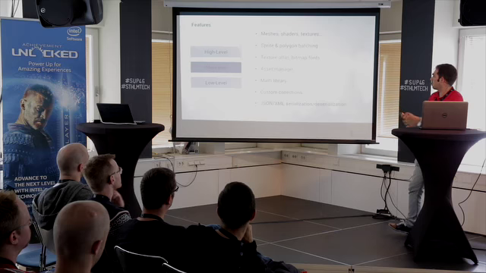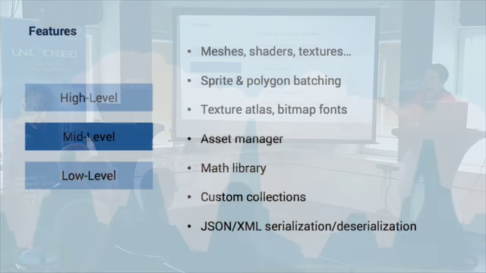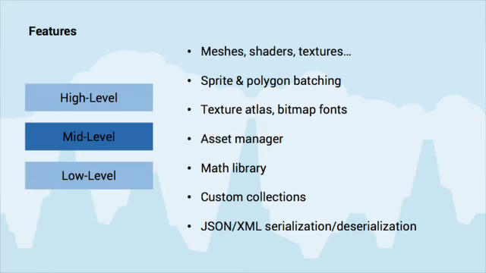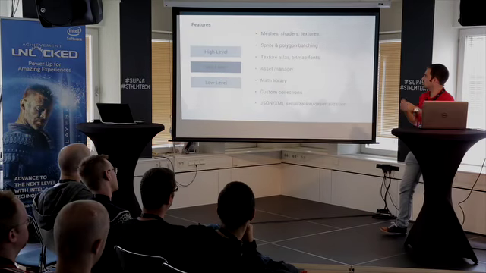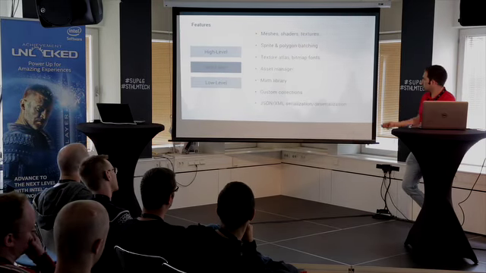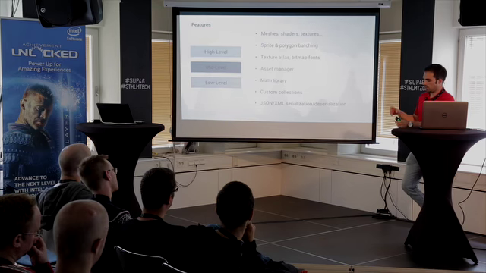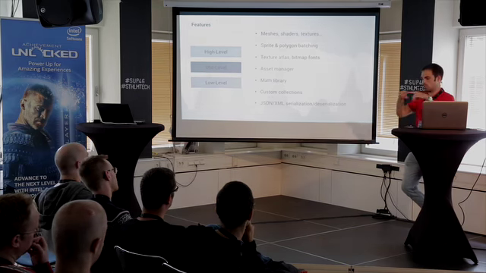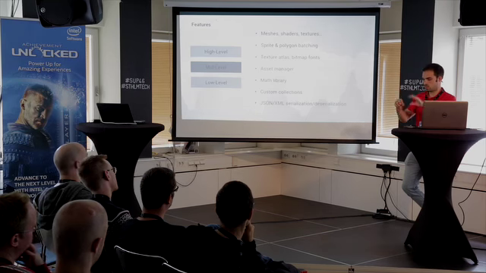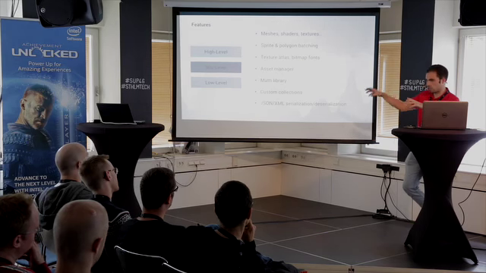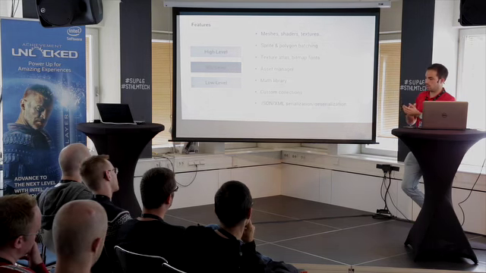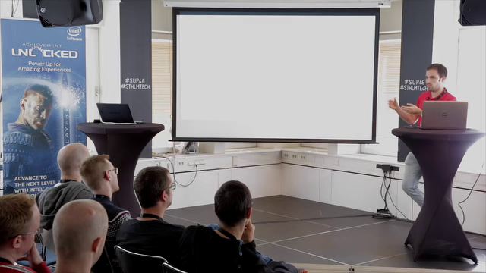In mid-level, for the 3D part, it supports meshes, shaders, textures, atlases, and sprites. It supports polygon batching, so you can have a texture atlas with all the sprites, all the characters that you have, and then say draw this one here, draw this one over there, and it doesn't talk to the graphics card in the meantime.